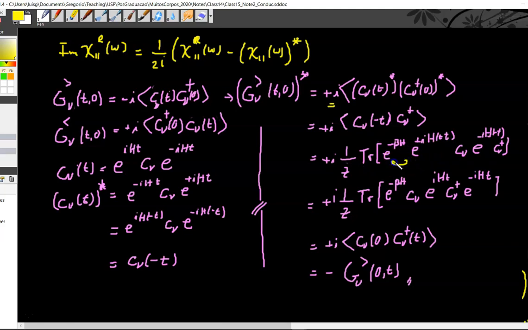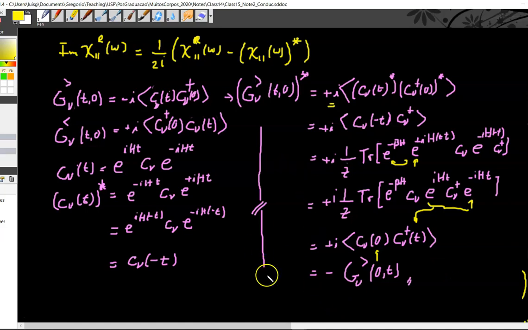These two commute, and then I can bring this one, the e^{-iHt}, from here to here. And then this becomes C dagger at t. So all that is changed is that the order, which was before t0, becomes now 0t. Remember, this is the time argument for the destruction operator, and this minus sign here.